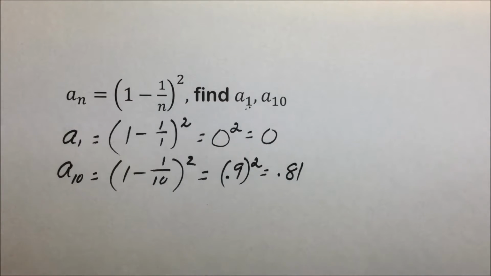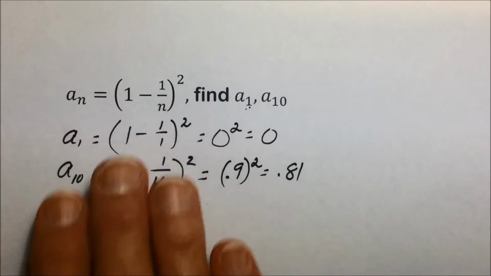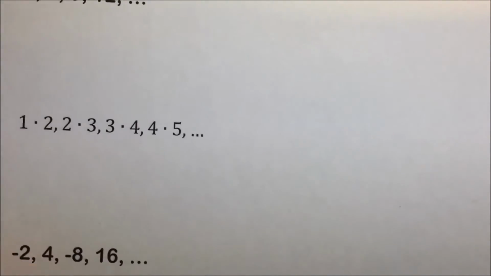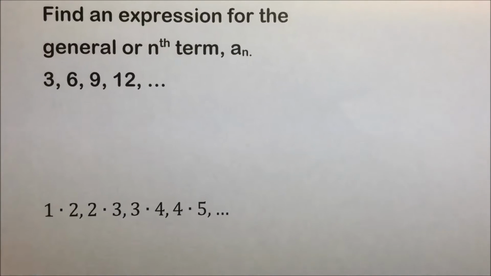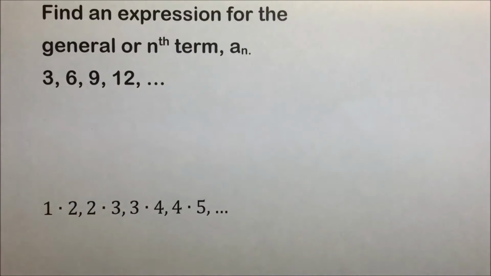There are times when they will give us a sequence, but there's times when here they give us the rule, but we will have the opposite of that. They have the sequence mapped out for us, and they're asking us to determine what the general rule is, similar to what we did, only in reverse.